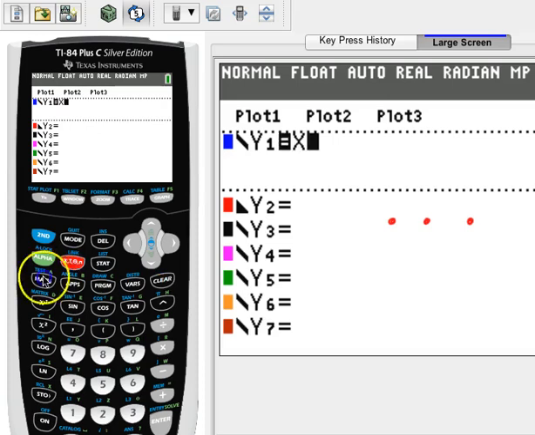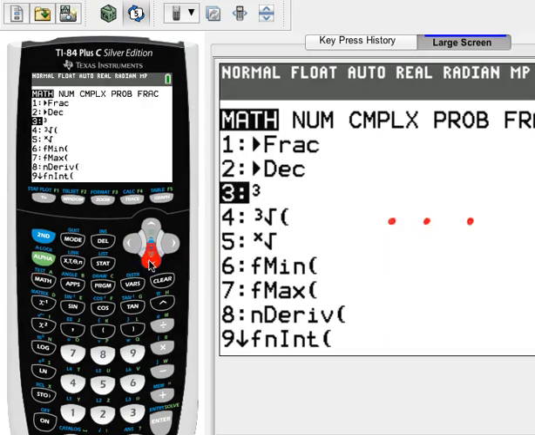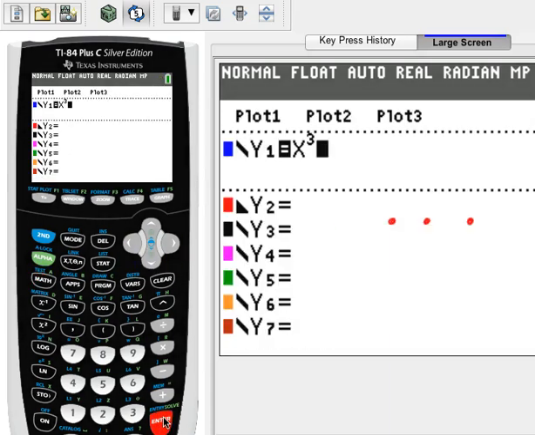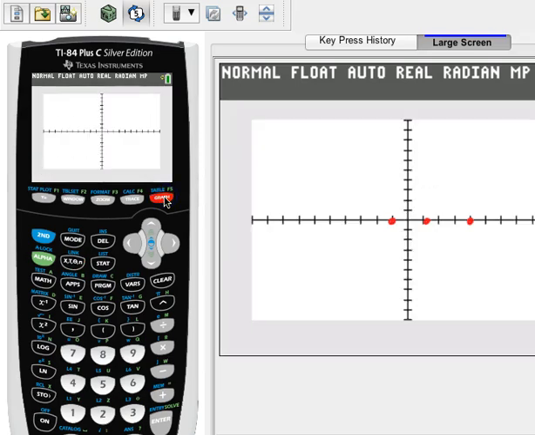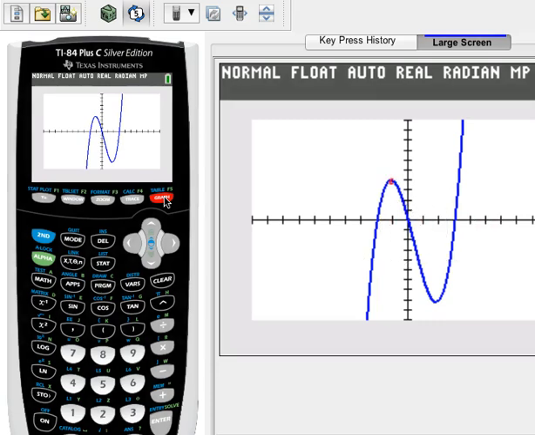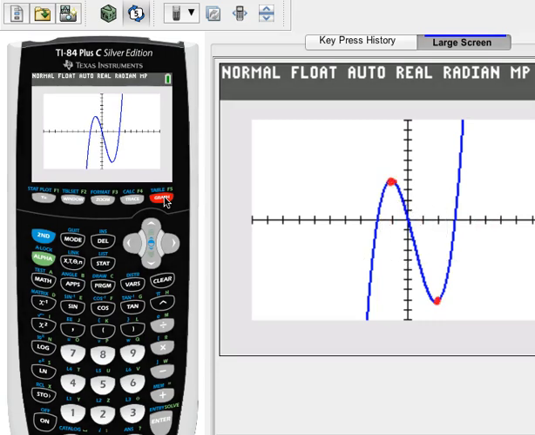So x cubed minus x squared minus 6x, graph. And now it's asking for the relative maximums and minimums. So remember, those are going to be the points right there and right there that we're going to get the calculator to calculate for us.